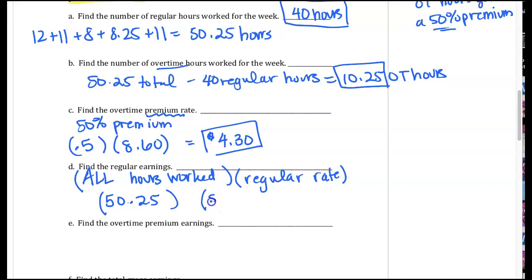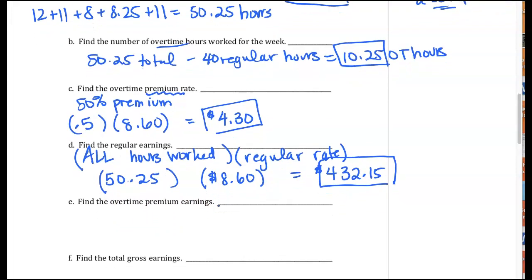Our regular rate of pay for this question was $8.60. All hours worked times $8.60 is $432.15. So keep in mind, you've already been paid $8.60 for every one of the hours worked. All of the 50 hours have already been paid for.